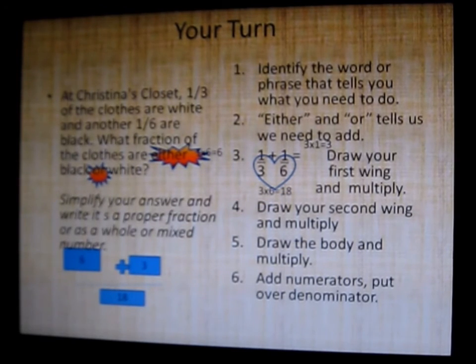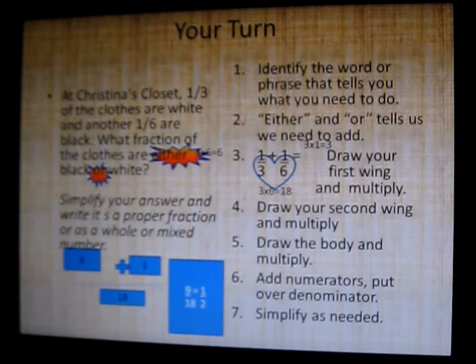Six plus 3 over 18. 9 over 18 equals 1/2, because 9 divided by 9 equals 1, and 18 divided by 9 equals 2.